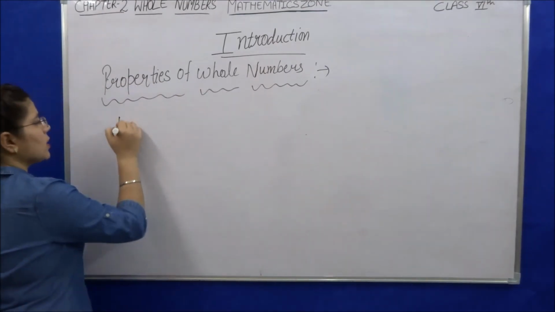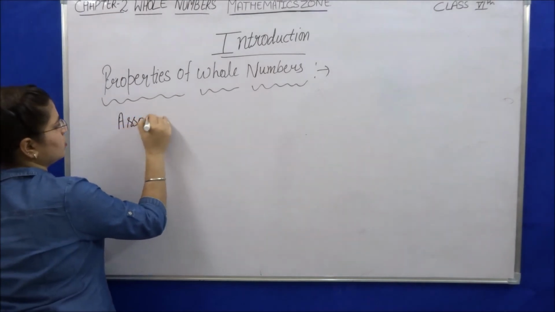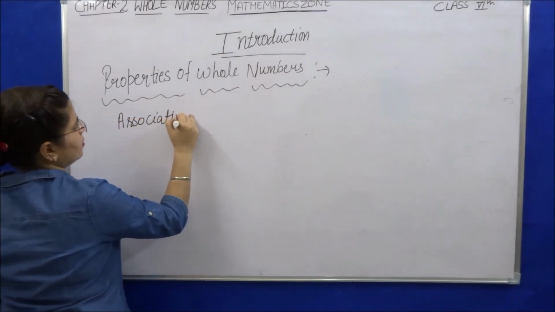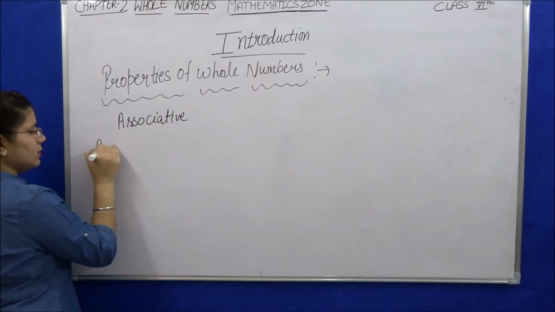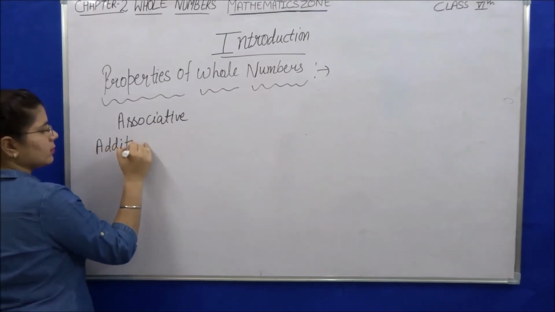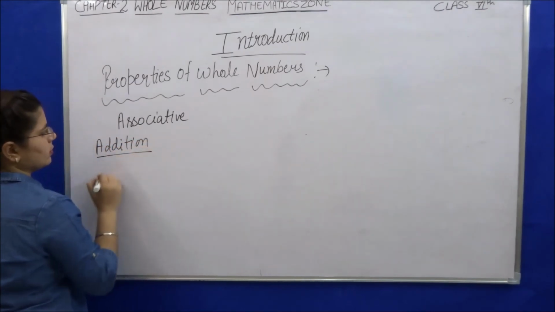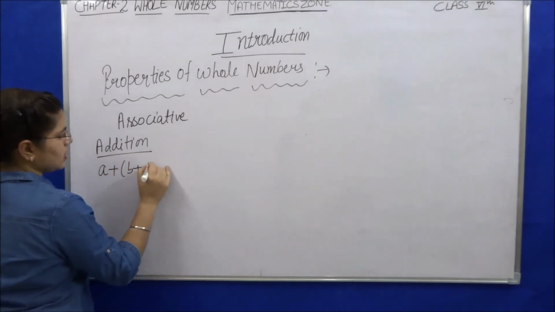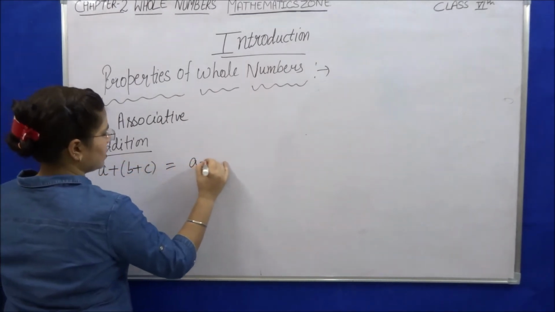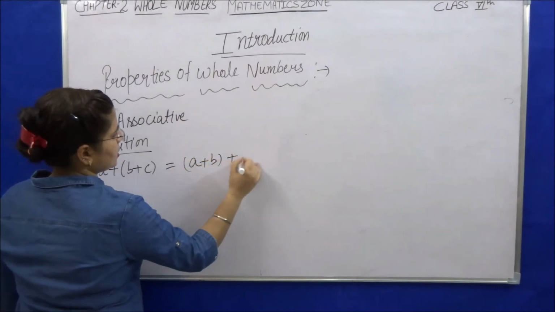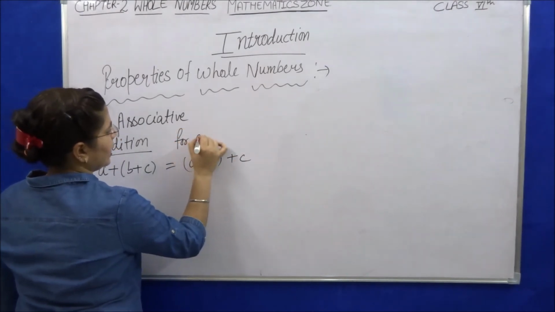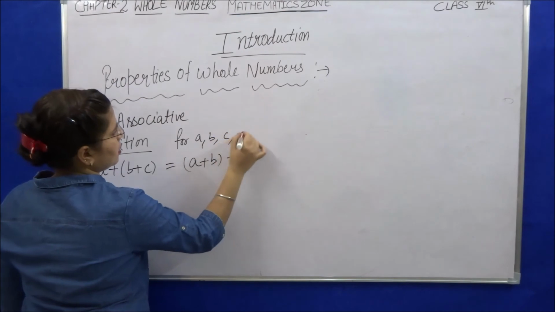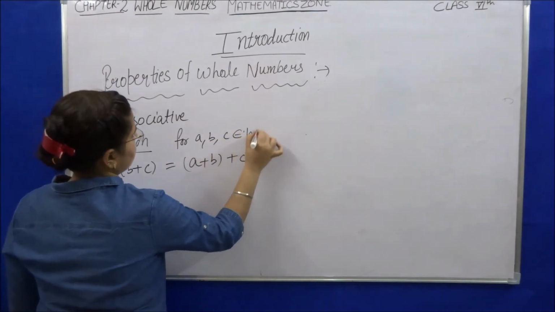Now let us do associativity. Associative under addition: A plus B plus C equals A plus B plus C, for some A, B, C belonging to the whole number set.